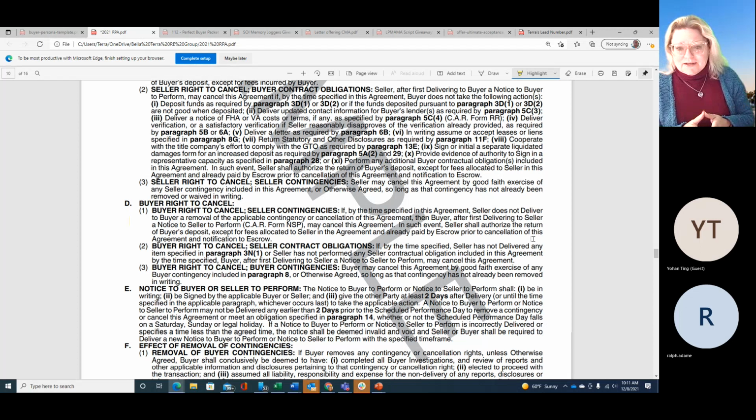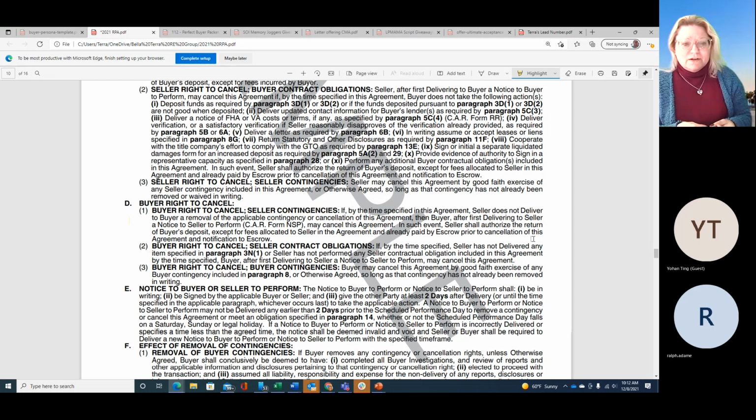If by the time specified, seller has not delivered any items specified in paragraph 3N1, so all those disclosures, reports, all the stuff that the seller is contractually obligated to deliver to the buyer, or seller has not performed any seller contractual obligation included in this agreement by the time specified, the buyer, after first delivering an NSP, may cancel this agreement. Okay, so those are the seller's contract obligations.